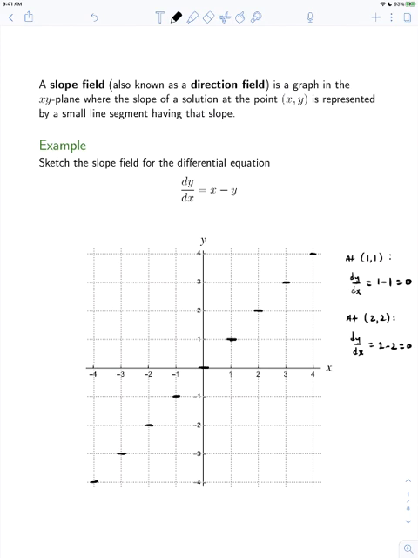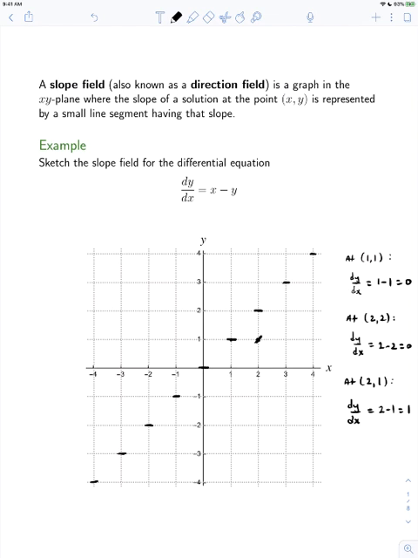So let's, for example, pick the point right here, 2 comma 1. So at the point 2 comma 1, dy dx is again equal to x minus y. So in that case, it's going to be 2 minus 1 equals 1. So that means the slope at this point is 1. So we draw a small line segment with slope 1, like so.